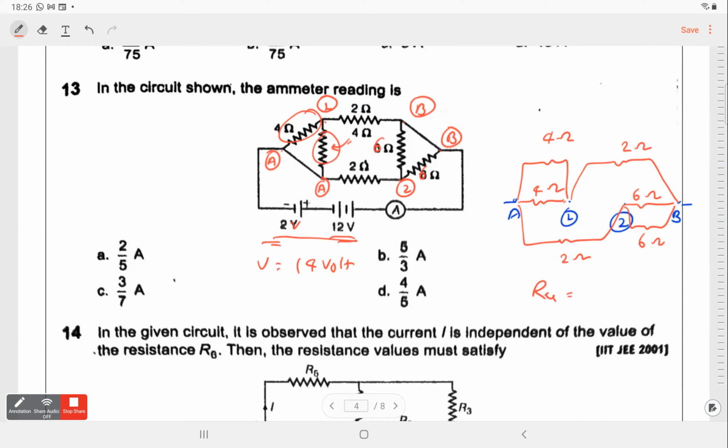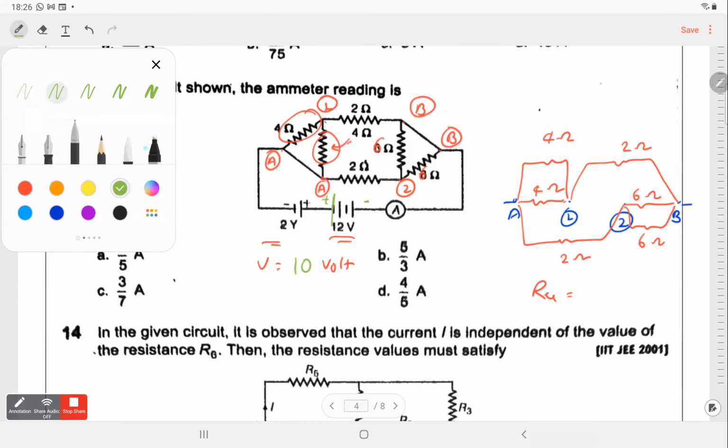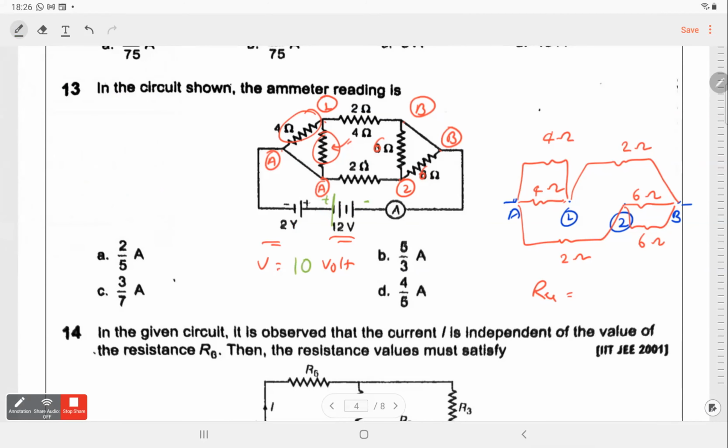I think the answer will not match because there is some mistake. The mistake is that this one has opposite polarity. Otherwise, there is no point of using two different batteries. The polarities are opposite, positive and negative. So 12 minus 2, then it will be 10 volt. There is a typing mistake in this, please write.